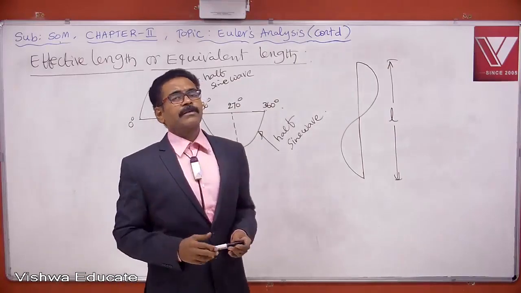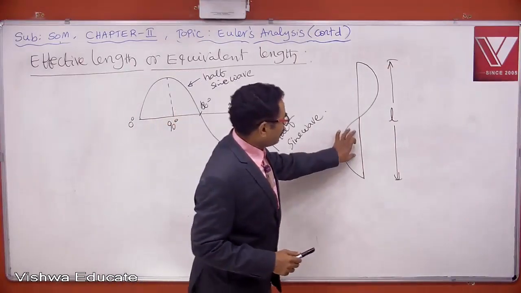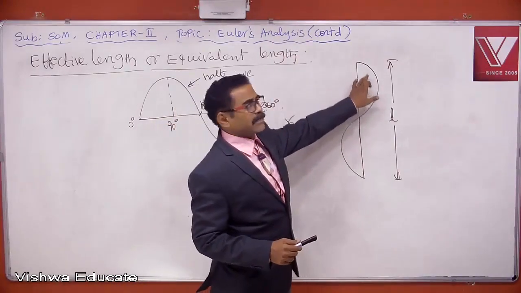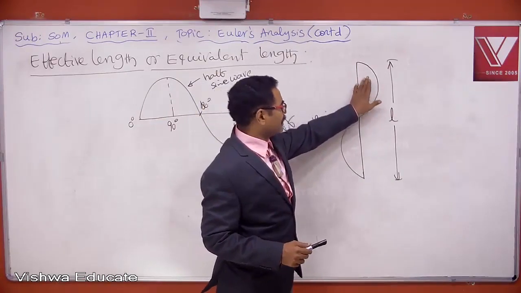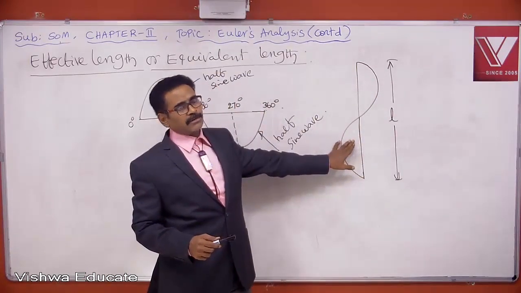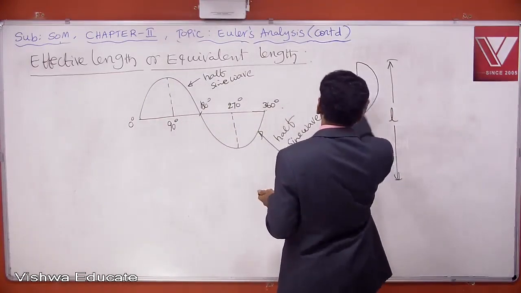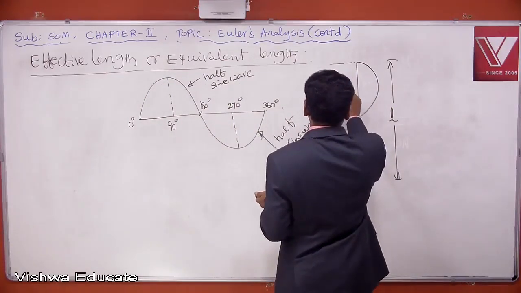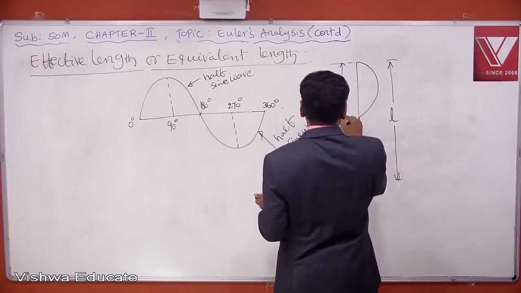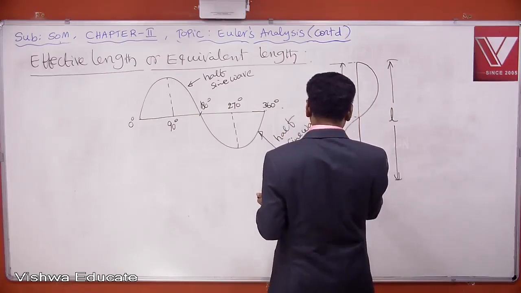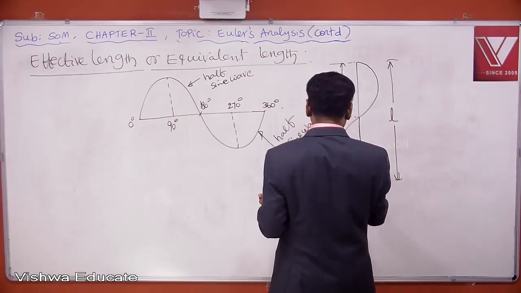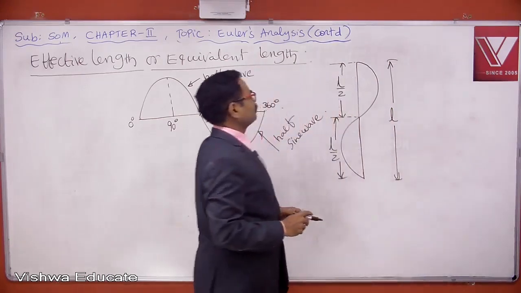Length of half of the sine wave. This is one half sine wave. This is second half sine wave. What is length of each half of sine wave? This is L by 2, and this is another L by 2.